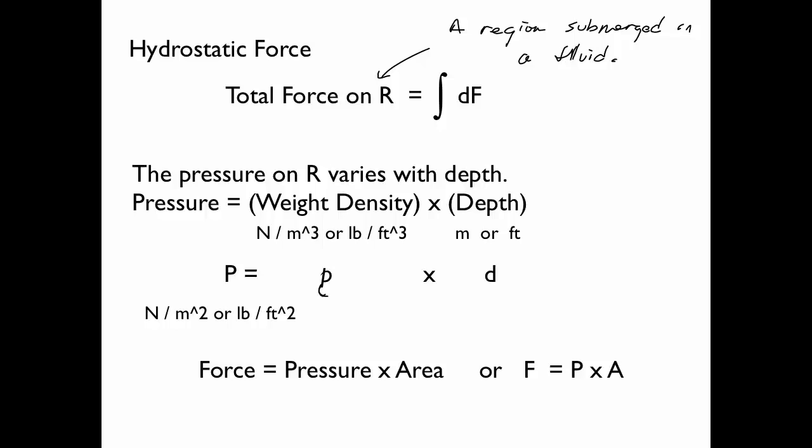If pressure is varying with depth, how can we get a constant amount? We have to stay at the same depth in our elements so that the pressure stays the same and we can actually get a little bit of force. So some kind of horizontal strip, narrow enough that we can consider a constant pressure, and we can calculate a little bit of force.